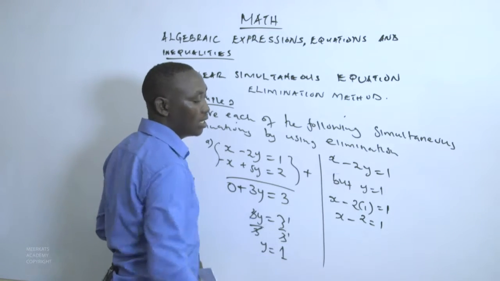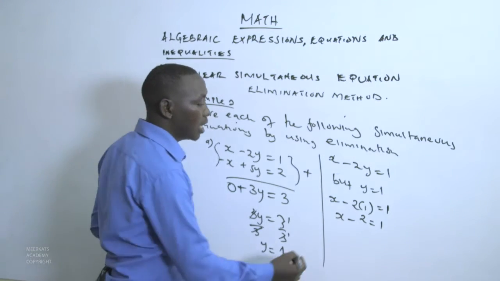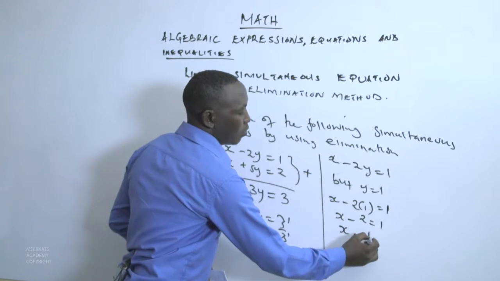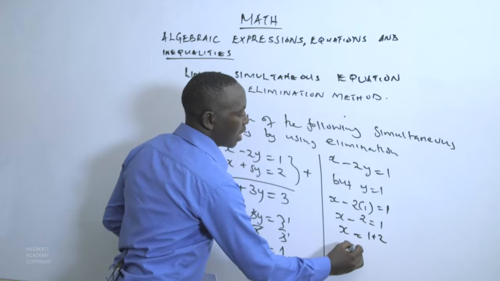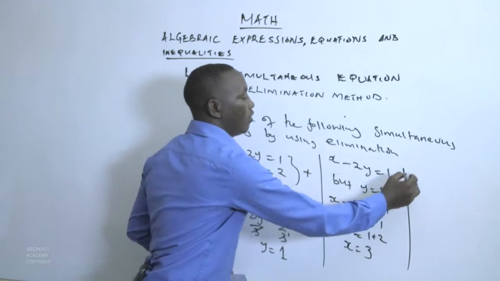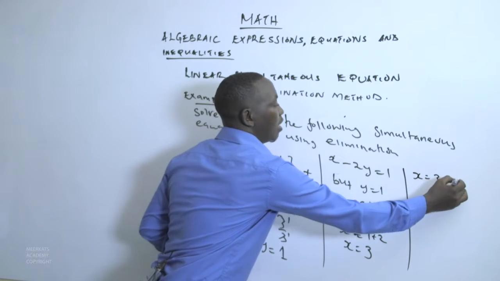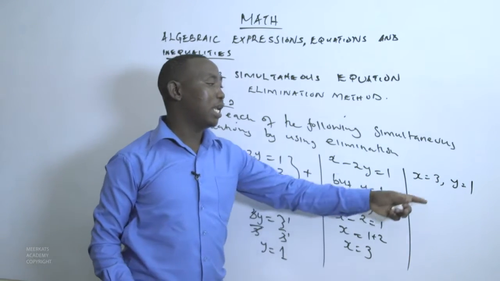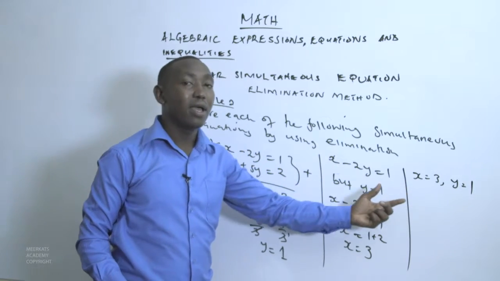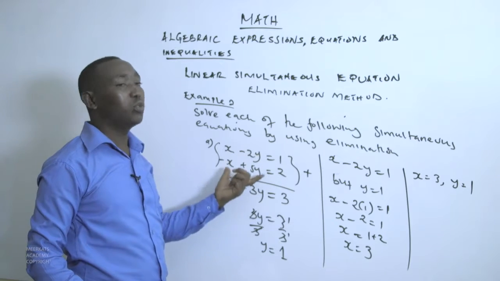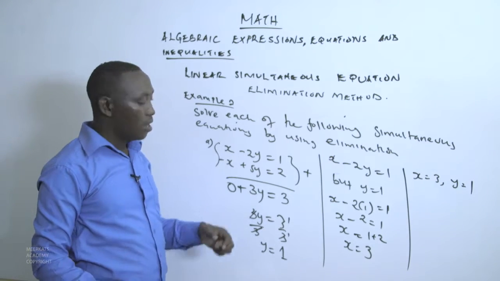We take 2 to the other side, that means we add it on both sides. So on the left hand side, we shall have x is equal to 1 plus 2, which gives us x is 3. Therefore the value of x is 3 and the value of y is 1, and this solution satisfies both equations.